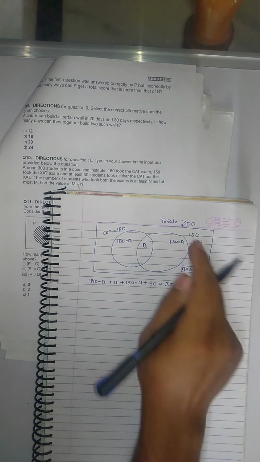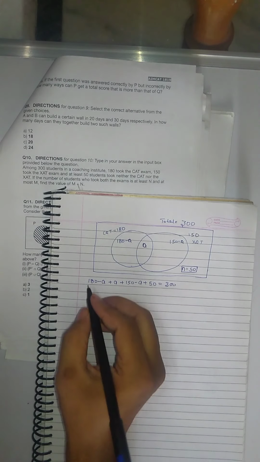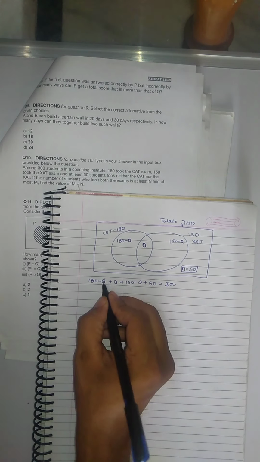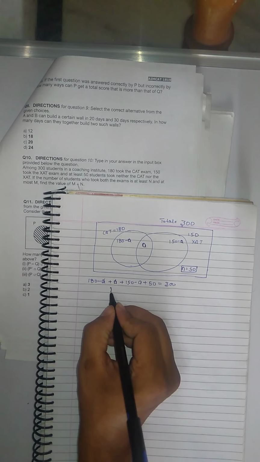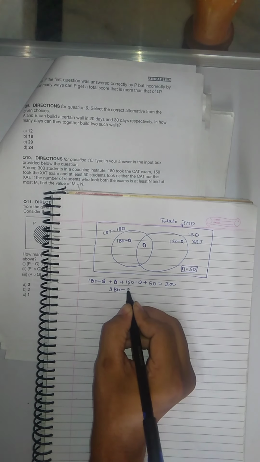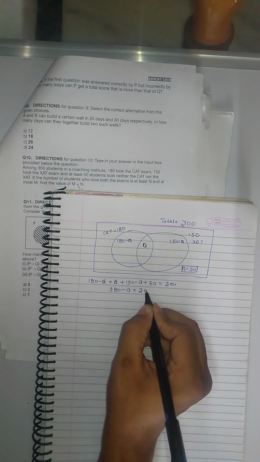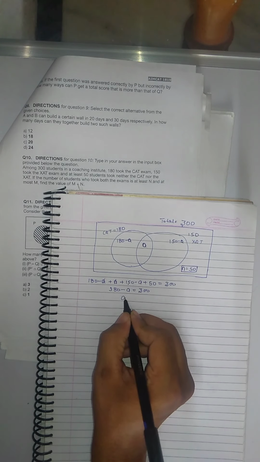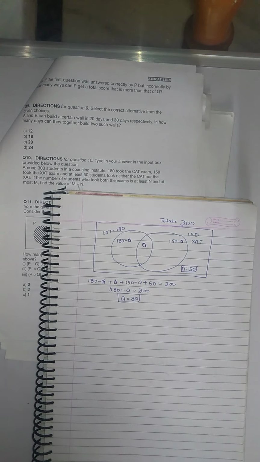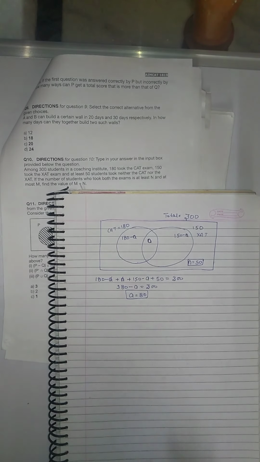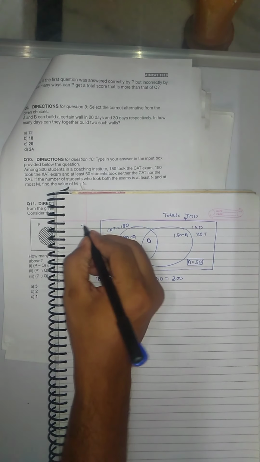We added all the values that we represent in the diagram. So 150 plus 50 is 200, 200 plus 180 is 380, so 380 minus a is equal to 300. So our value of a is 80. 80 is the minimum number of students. So that is the first part of the question.